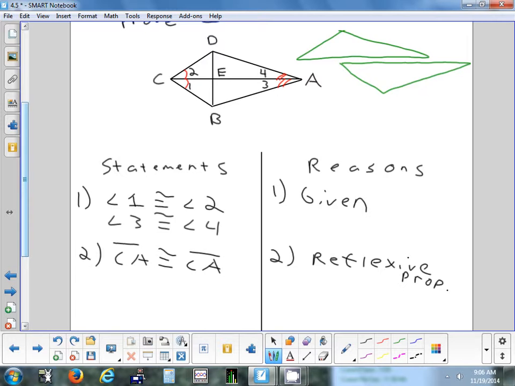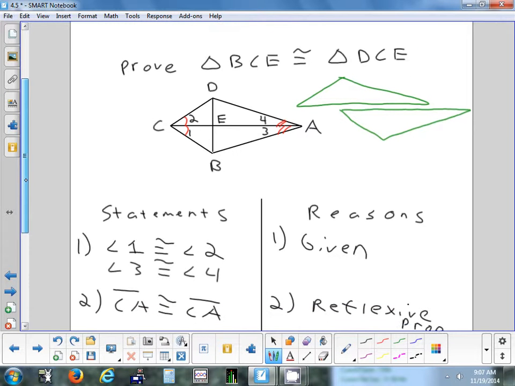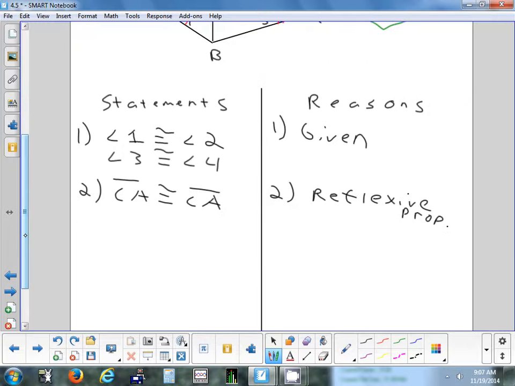All right, so now I have enough information to show the two triangles I outlined in green are congruent. Let's make sure we say the letters correctly. Let's start with triangle ACD. What would that be congruent to?